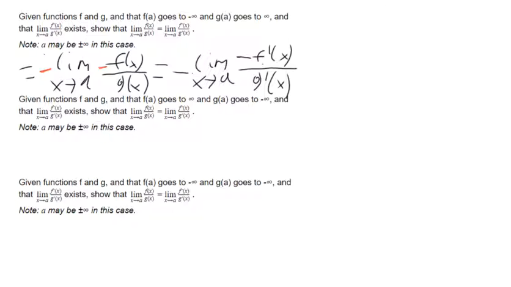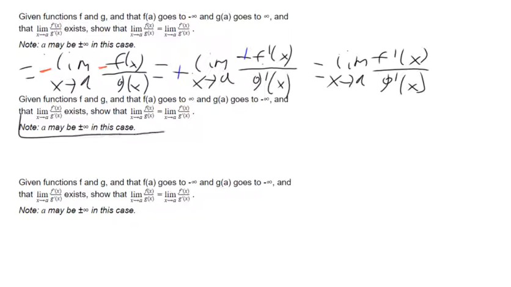And again, it doesn't matter whether the negative is inside or outside of the limit. These negatives cancel out, and we can just say that this equals the limit as x approaches a of f prime of x over g prime of x. So we've shown that this equals this, which is what we wanted to show.